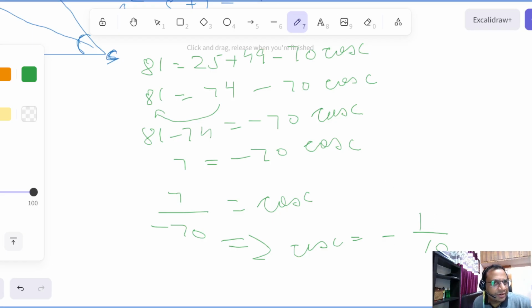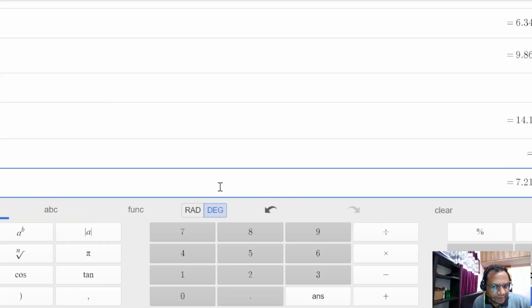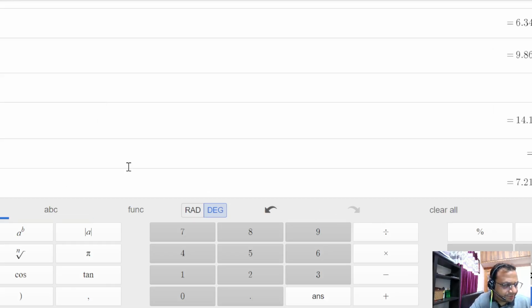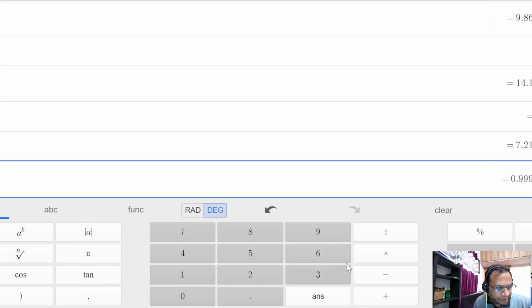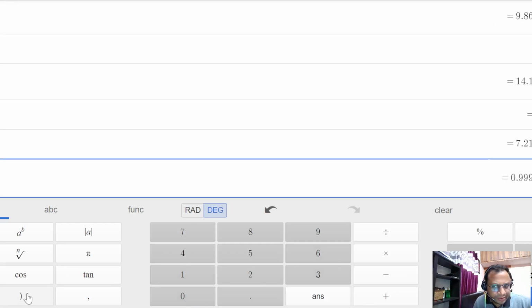So that we can find out from this Desmos calculator. Cos of minus 1 over 10, close the bracket.